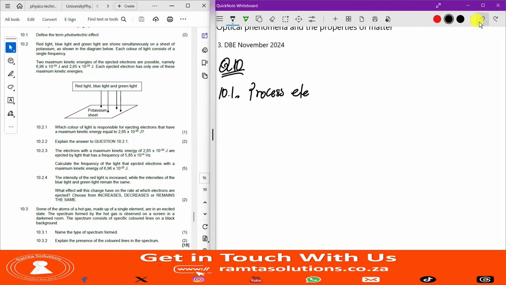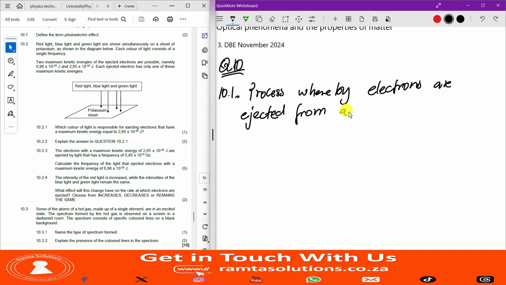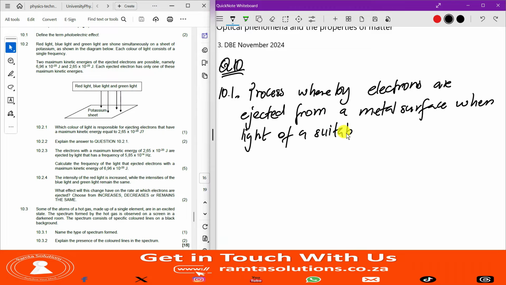Process whereby electrons are ejected from a metal surface when light of a suitable frequency is incident on that metal surface, right?